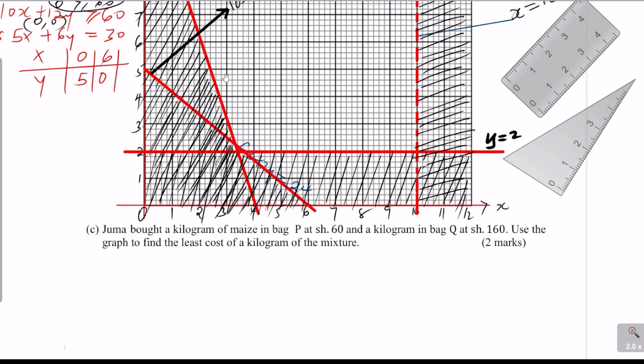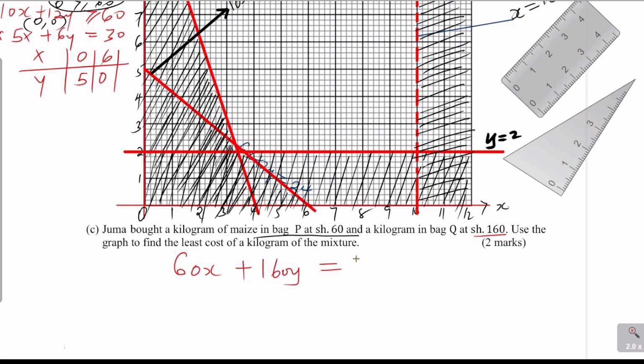For us to find the minimum cost, we use the cost given for a kilogram of maize in bag P. Remember, the kilograms in bag P are x. If each kilogram costs 60 shillings, all the bags will cost 60x. Then for bag Q, a kilogram costs 160. We have y kilograms in bag Q, so that will be 160y.